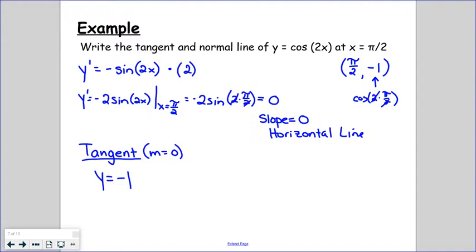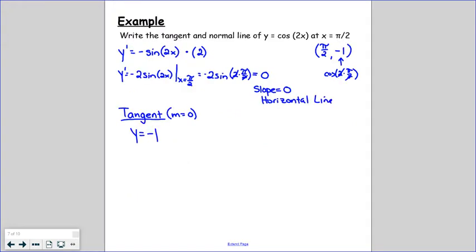So then our normal line is going to have the opposite reciprocal slope, or be perpendicular to that. Well, what's perpendicular to a slope of 0? A slope of undefined, right? So our normal line, its slope is going to be undefined, which makes it a vertical line.